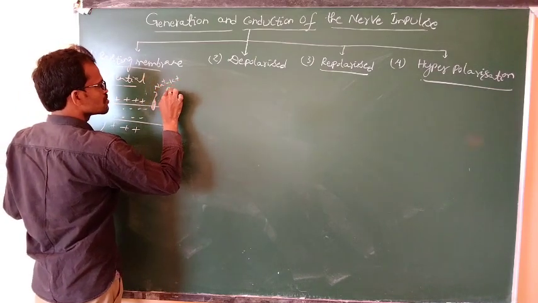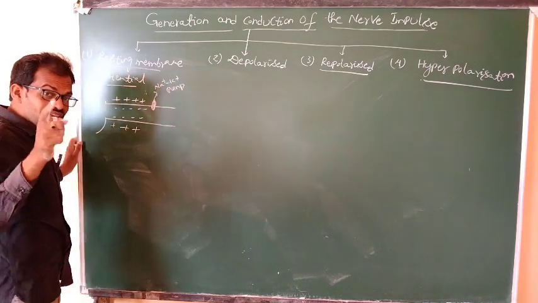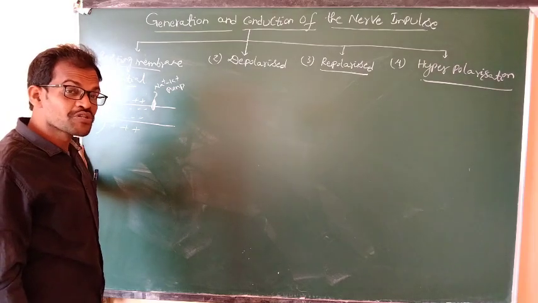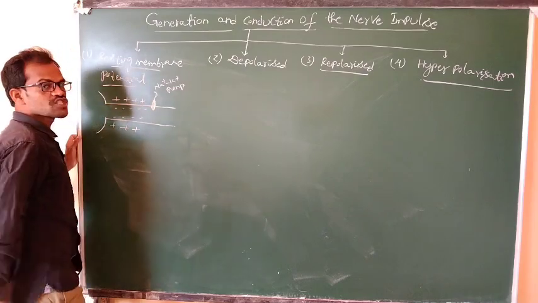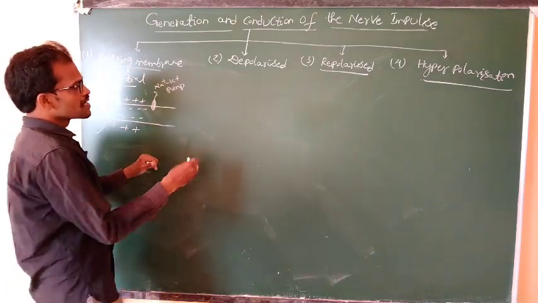The membrane is impermeable to sodium and to negatively charged ions, but permeable to potassium ions. That is the resting membrane.